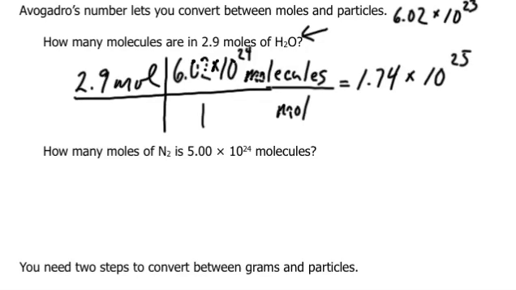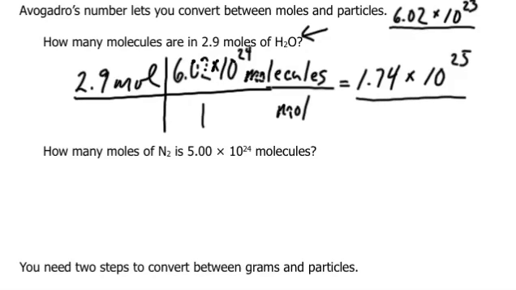It's always good to go back and ask, does this number make sense? We're talking about 2.9 moles of H2O, and each mole contains an astronomical number of particles. So if you're talking about individual particles, you should have a really huge number, and we do.